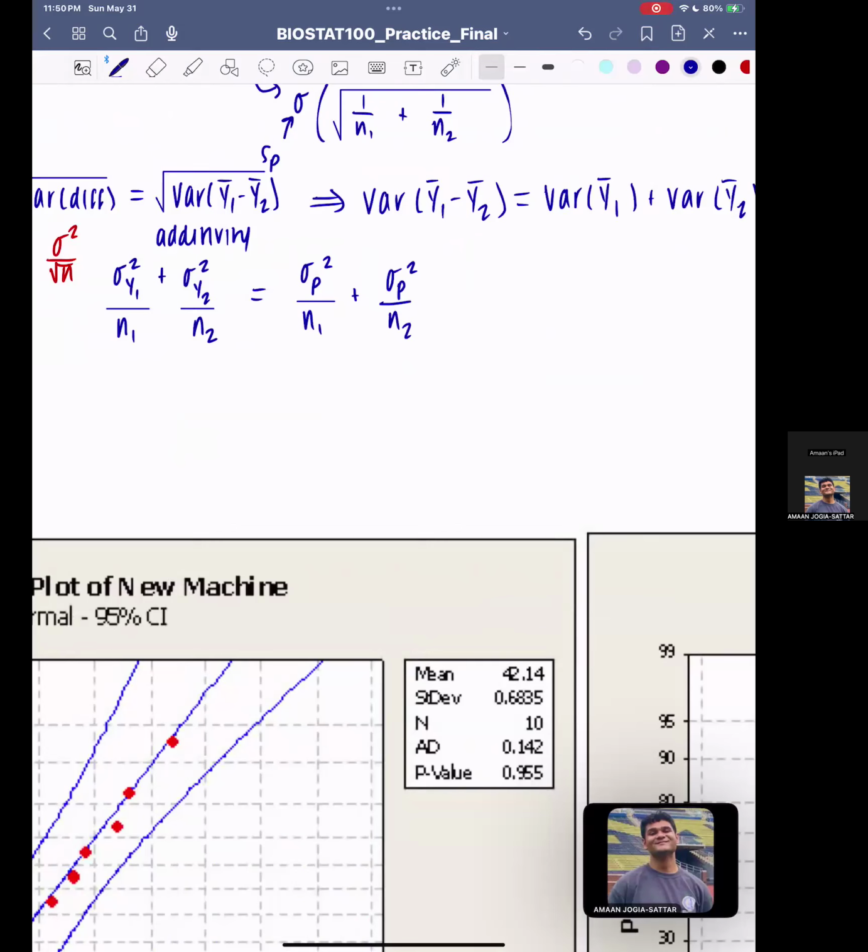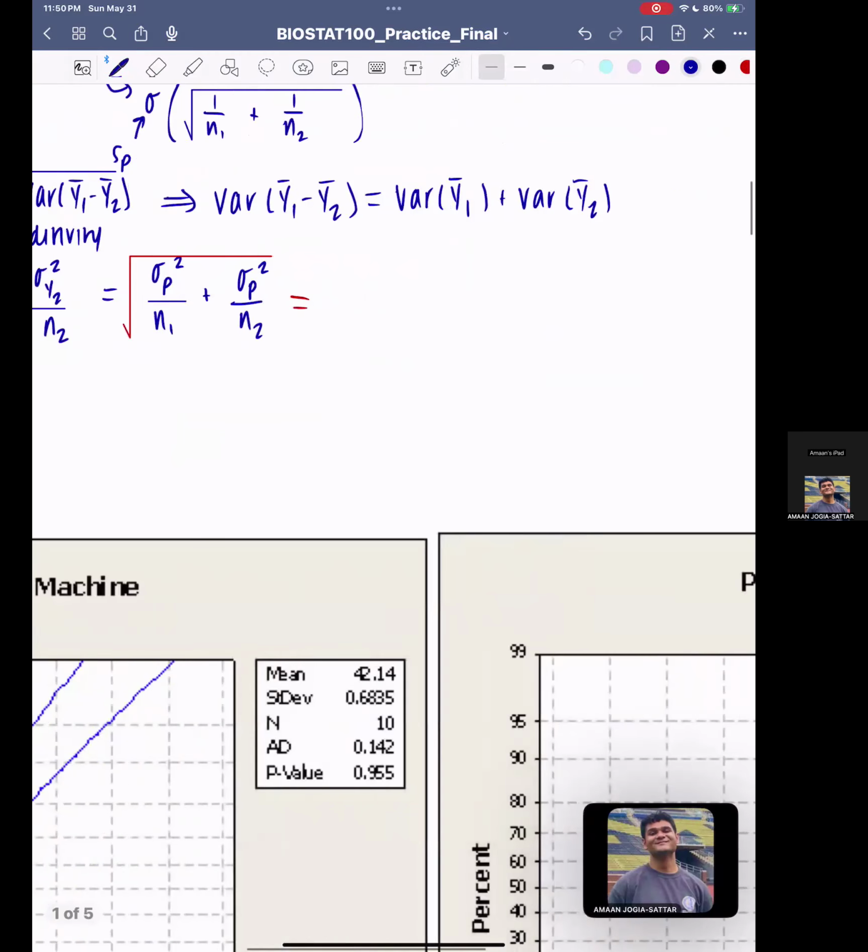Now let's bring back that square root. And this is going to be equal to sigma p times 1 over n1, this is squared, sorry, plus 1 over n2.